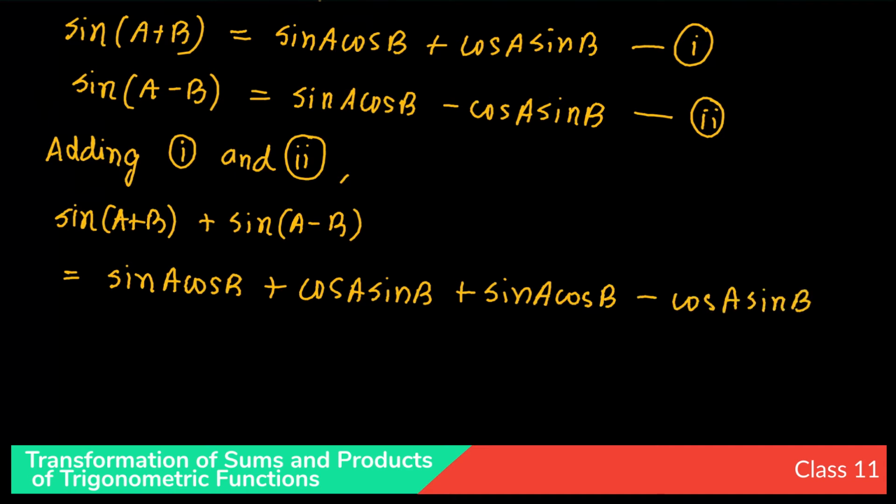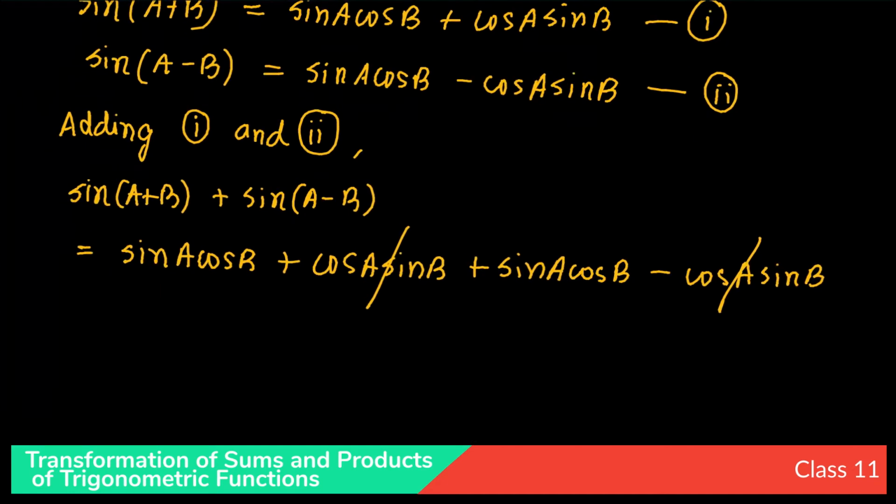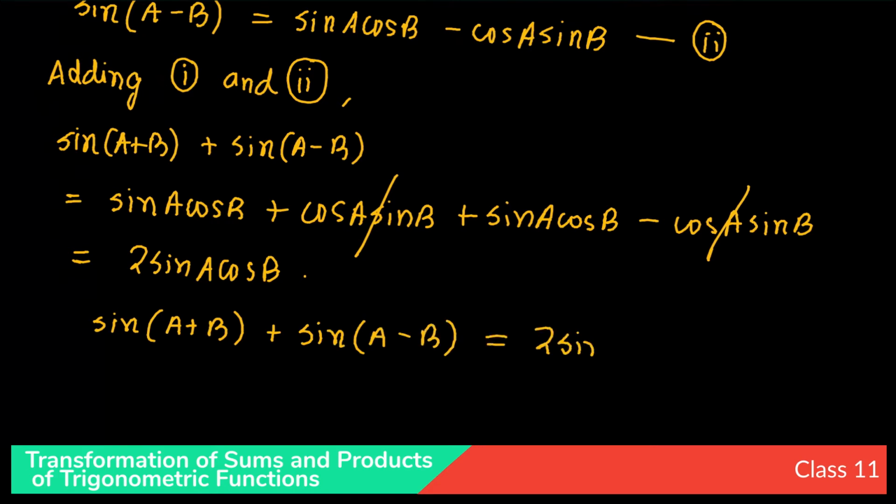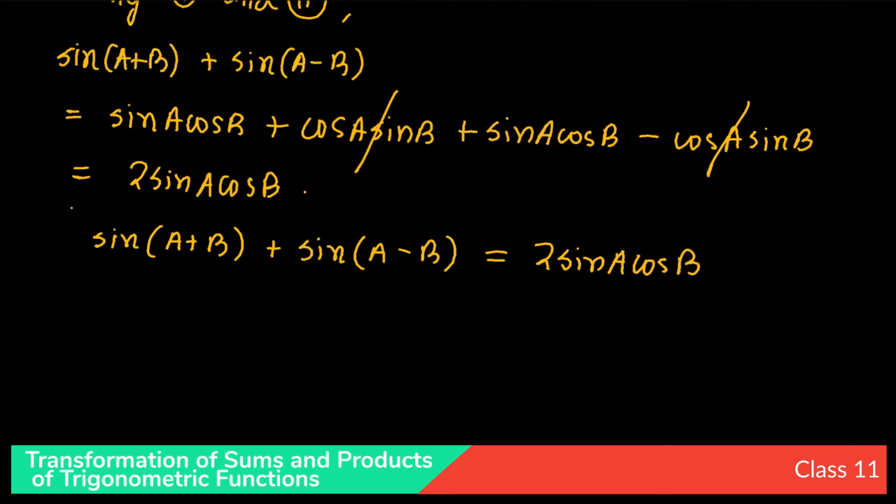Now you can see that minus cos a sine b and plus cos a sine b get cancelled out, and it is only 2 sine a cos b. So this is the first formula for transformation of sums and products of trigonometric functions: sine of a plus b plus sine of a minus b is equal to 2 sine a cos b.